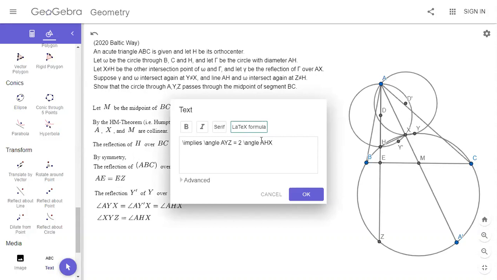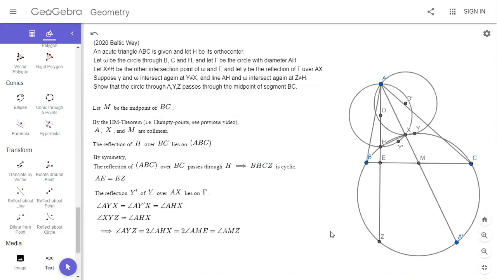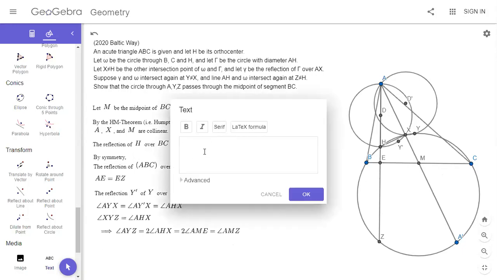And that's 2 angle AME, which is angle AMZ. And so since AYZ equals AMZ, AYMZ is cyclic. So that solves the problem.